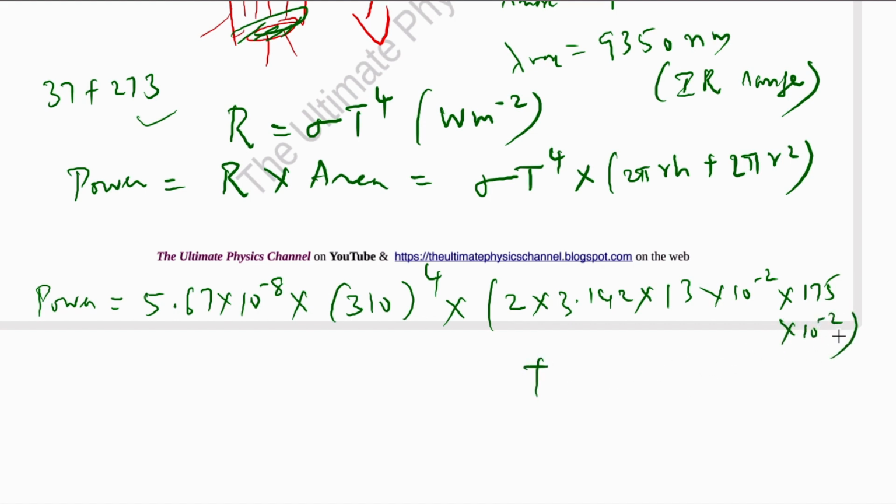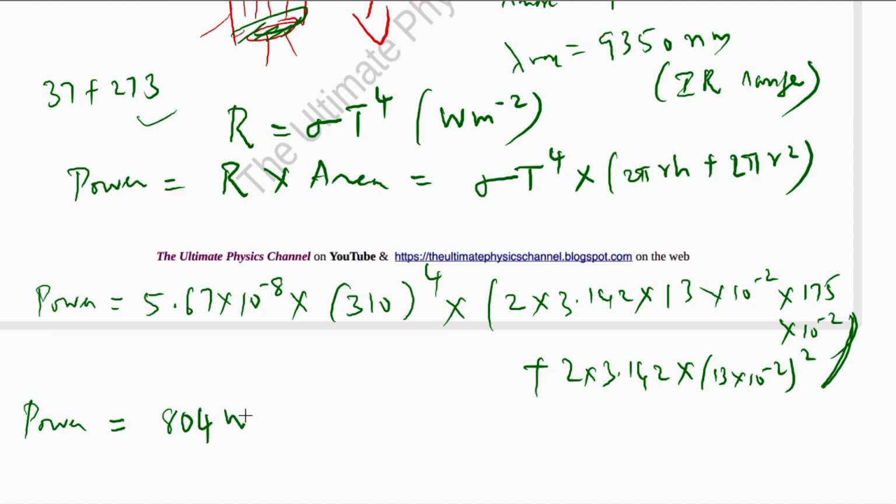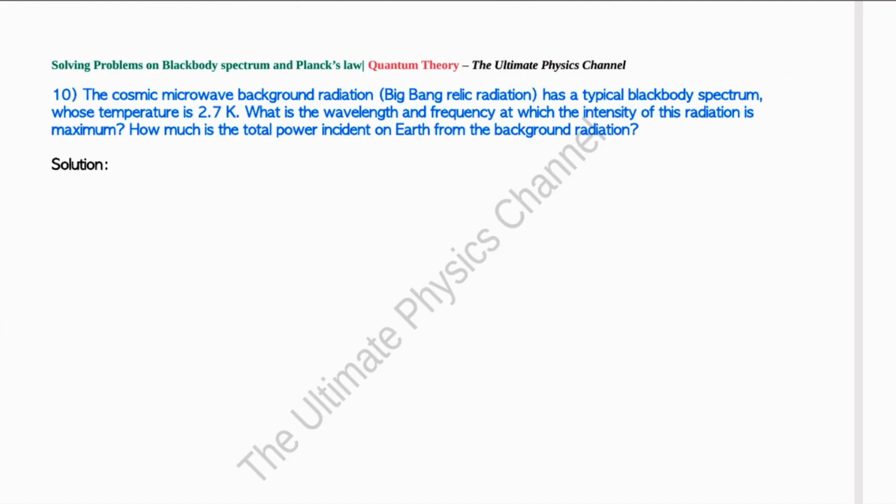So plus, this bracket is for the entire thing, so plus 2 into 3.142 times 13 into 10 power minus 2 whole square. The radius is 13 centimeters. That's why. So if you calculate this power, it turns out to be 804 watts of power.